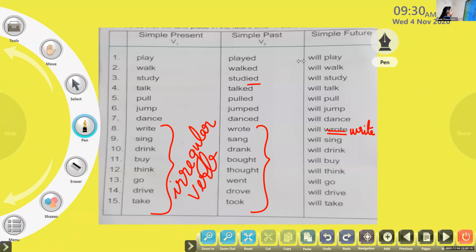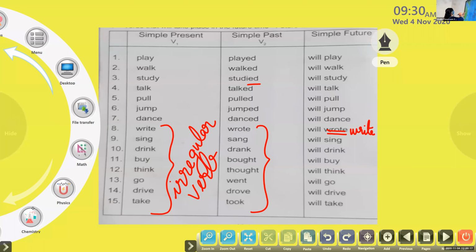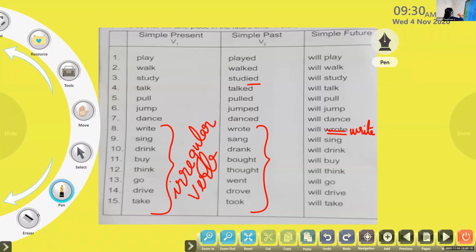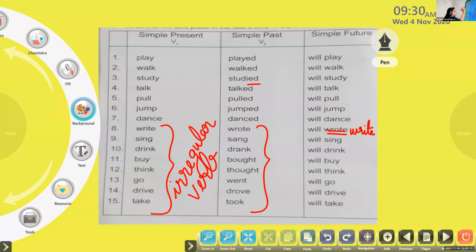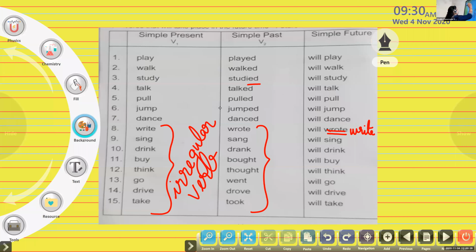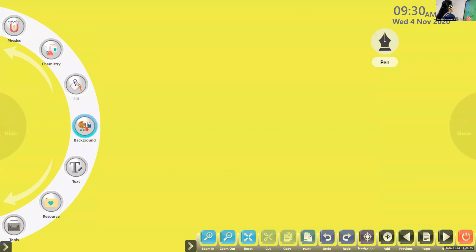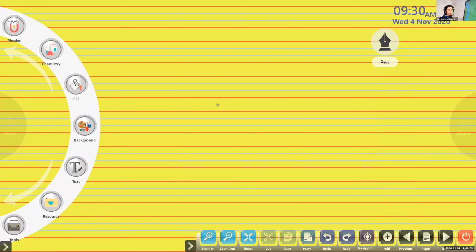Now, all of you, please do take your workbook. Please take page number 17, children.